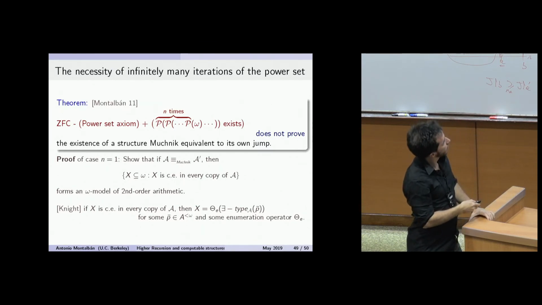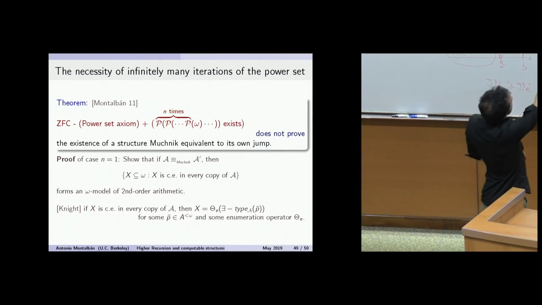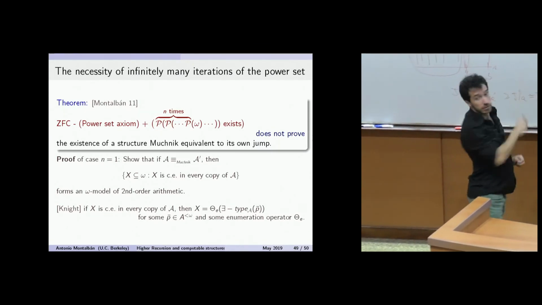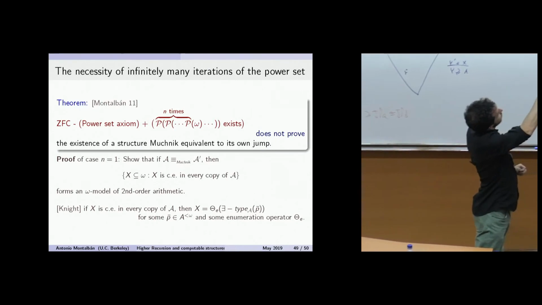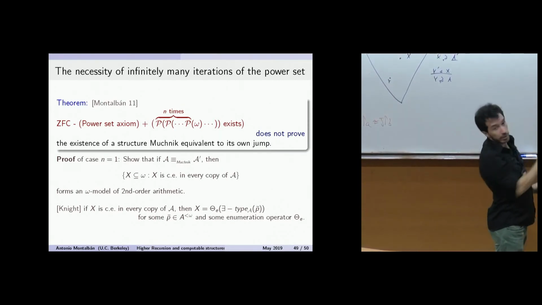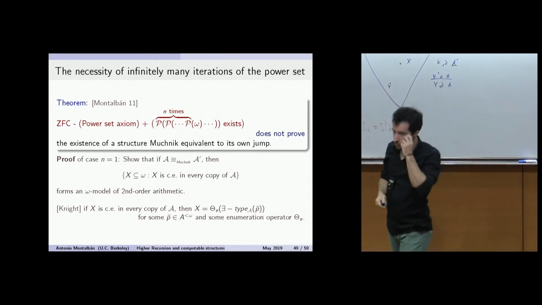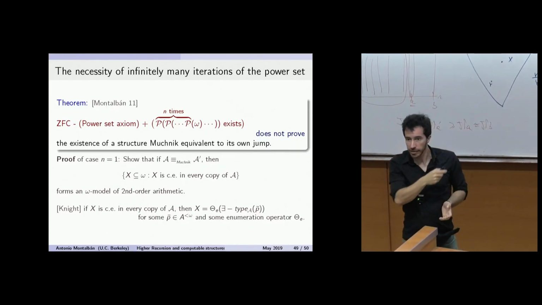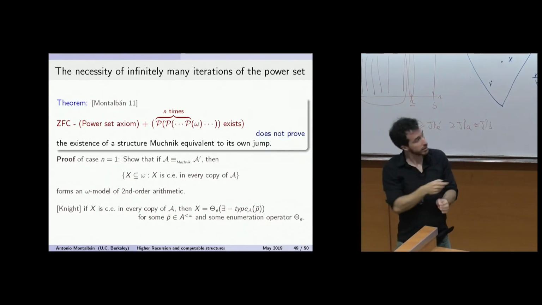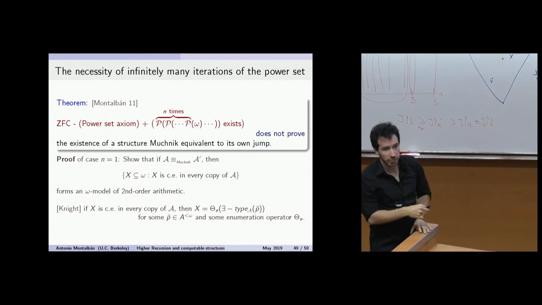And so that allows you to name every set like this with an index for the enumeration reducibility and a tuple P. So for each tuple P and each e, you have an X like this. So you have names for all these X's using tuples and numbers.